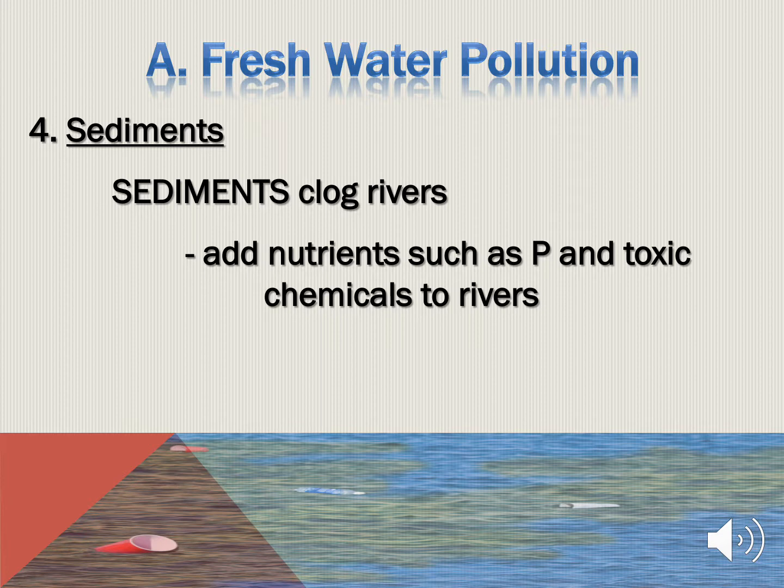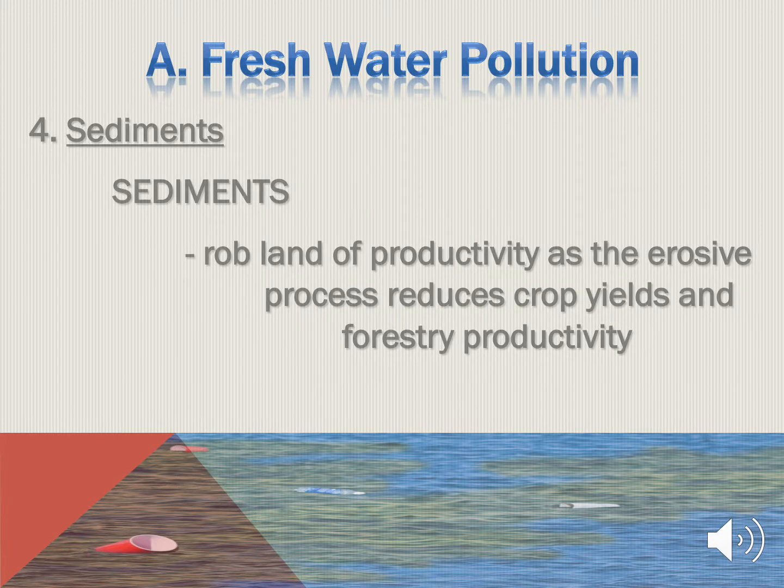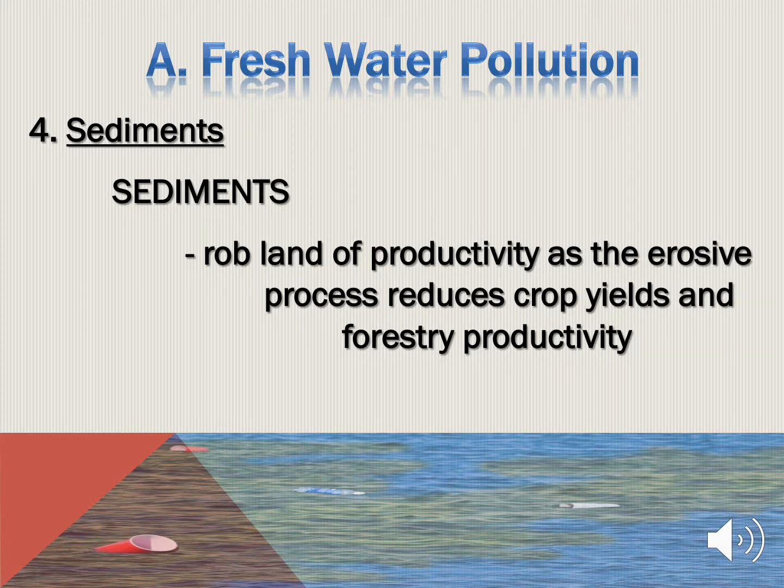Sediment by itself is the loss of soil from lands. So in areas where you have a lot of erosion, when you have erosion and the sediments wash off the land and into the water bodies, basically you're robbing the land of productivity as the erosive process reduces crop yields and forestry productivity.